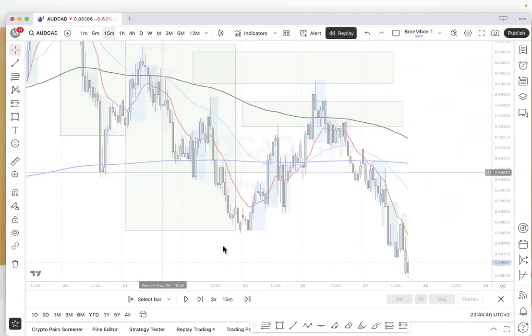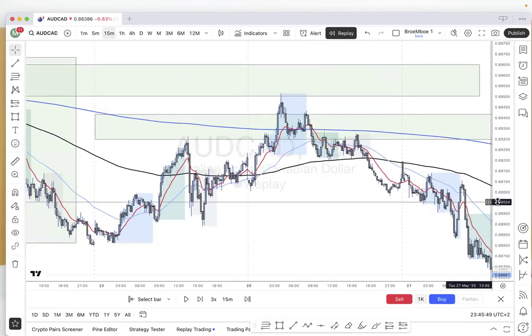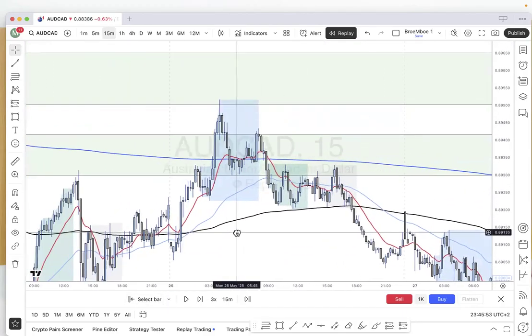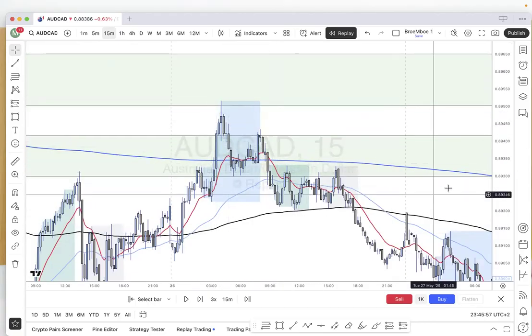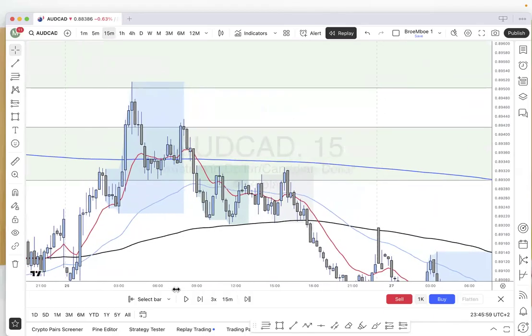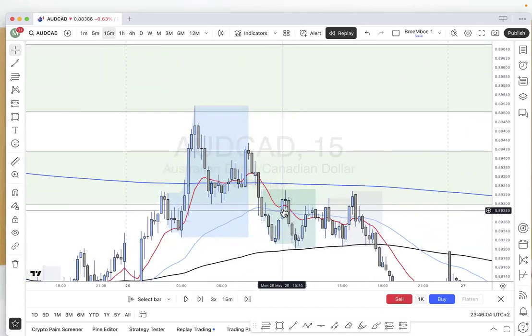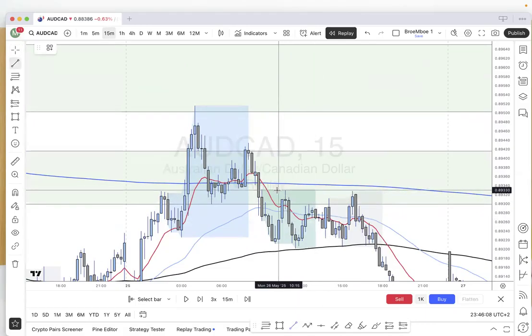Now, entries on this one, if you come to the 15 minutes, so this one is kind of right. So aggressive entry right there, M formation, very nice. They attempted to push back there, but they never did. You can see how you've got that there and that.